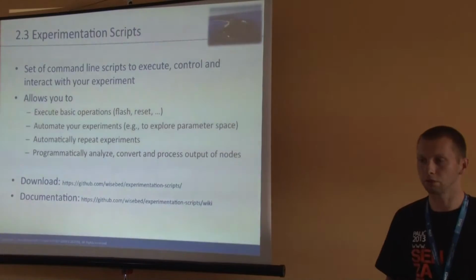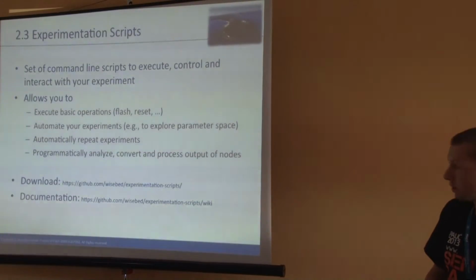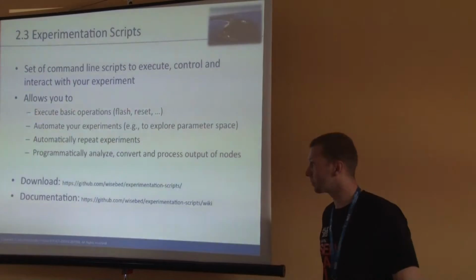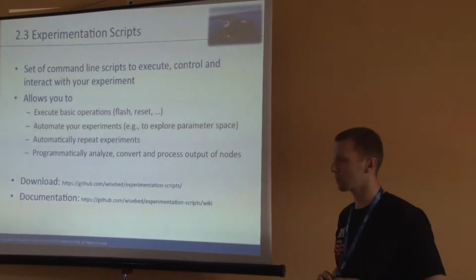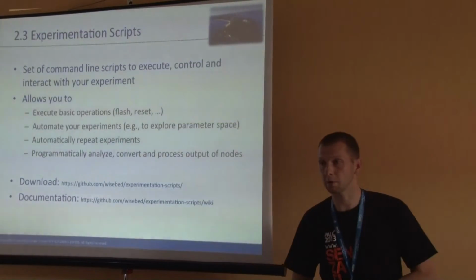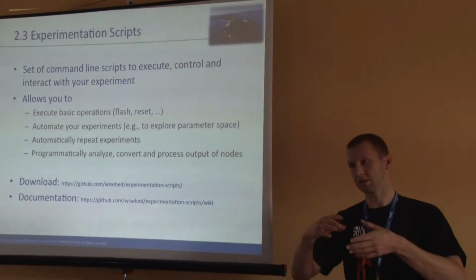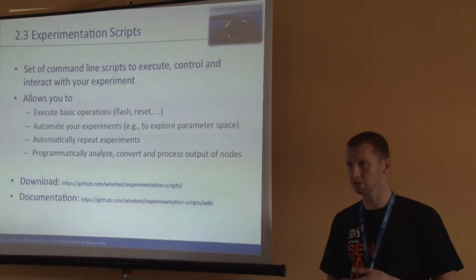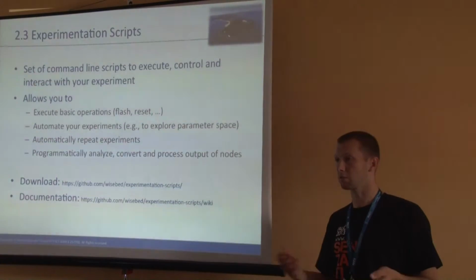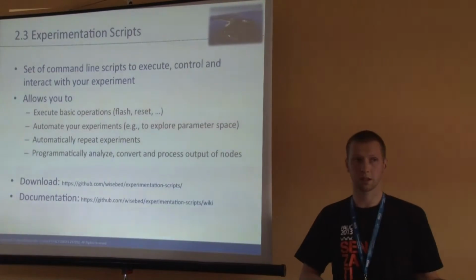So whenever you want to, let's say, automatically repeat your experiment, or in another way automate your experiment, you could go to the experimentation scripts, download them. As I said, it's open source. Look at the implementation, see how the API is used, because usually the best documentation is the implementation.